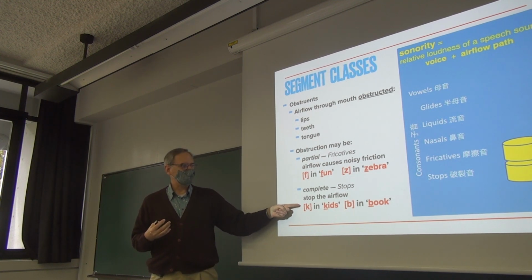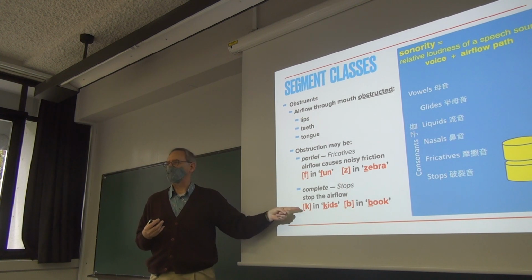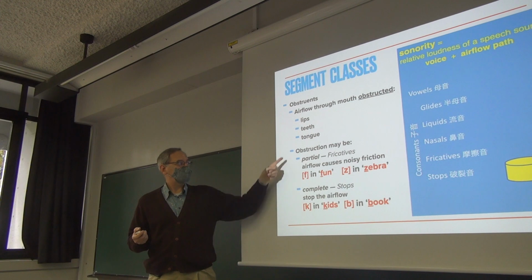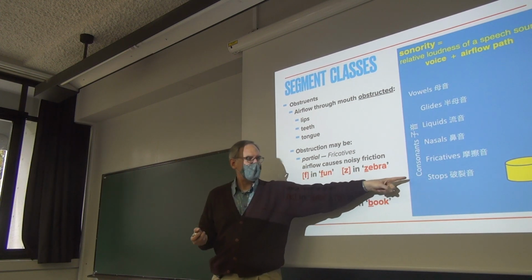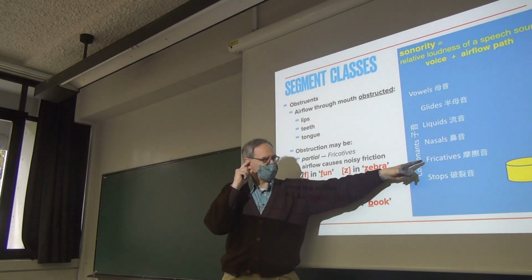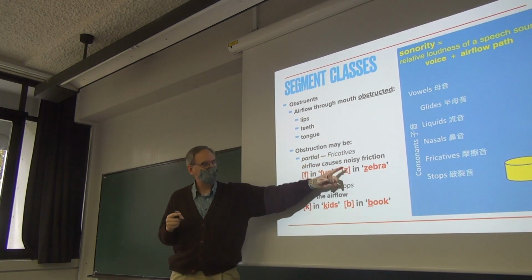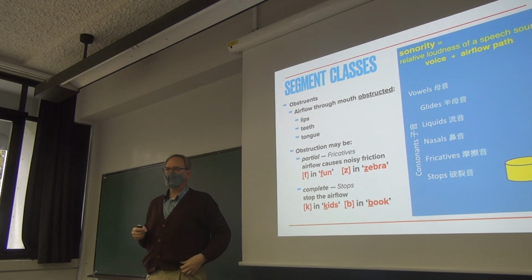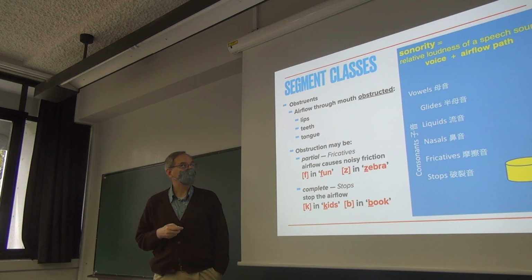So some sounds completely stop the airflow. So it's partially and completely. Now together, whether they're stops, like the complete stop, or fricatives, like the partial obstruction, together they form the fifth class, the class of obstruents.